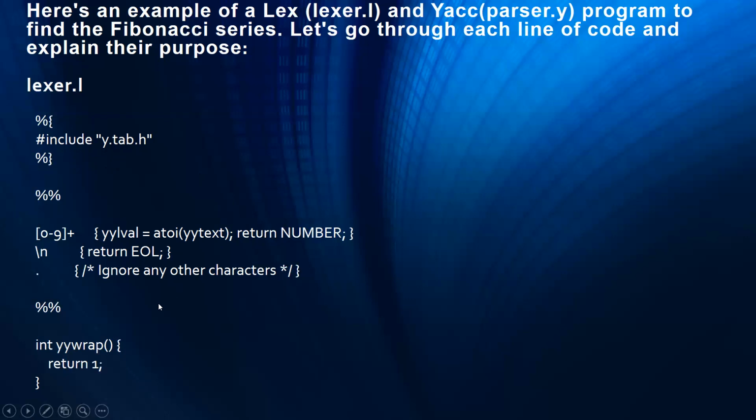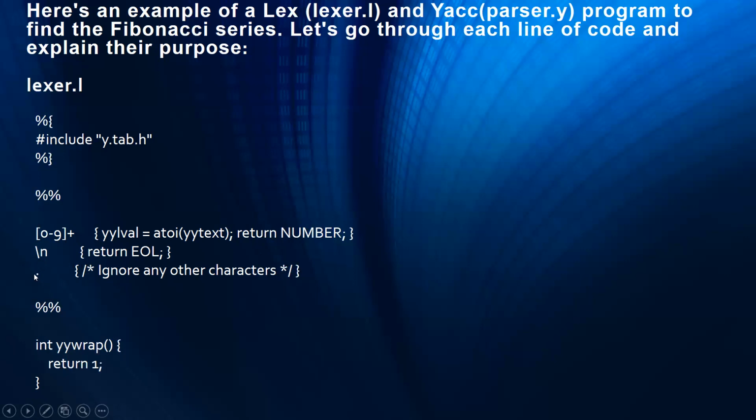Next, in the rule section, you can see the lexer.l file defines the lexical analysis rules using regular expressions. Here in the rule section, [0-9]+ matches a sequence of one or more digits and returns the token NUMBER. Next, we have \n that matches a newline character and returns the token EOL, that is end of the line.